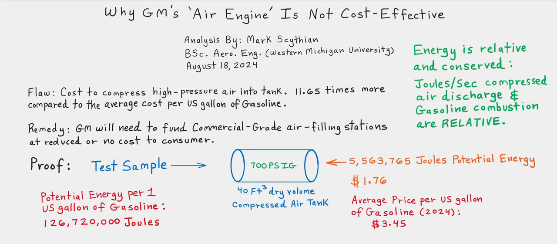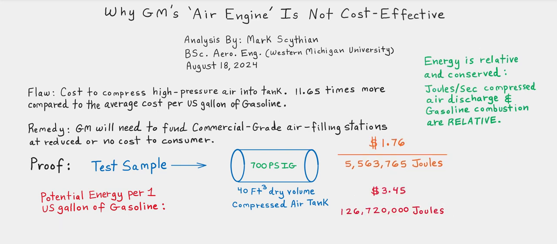The values and the numbers found in the potential energy of gasoline are transferable to any type of motion, whether we exchange that for compressed air kinetic energy joules per second or combustion joules per second from gasoline. So we're not going to get something for nothing. Whether that potential energy source is gasoline or compressed air, it's relative.